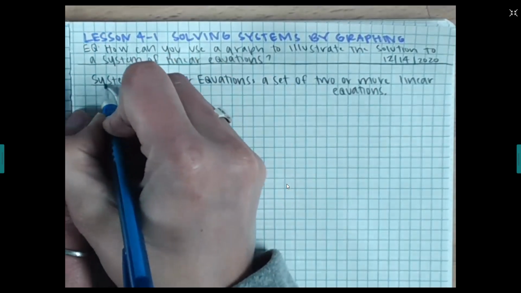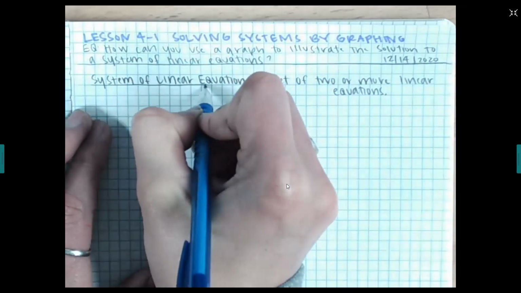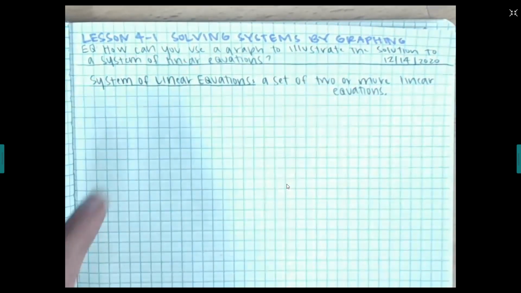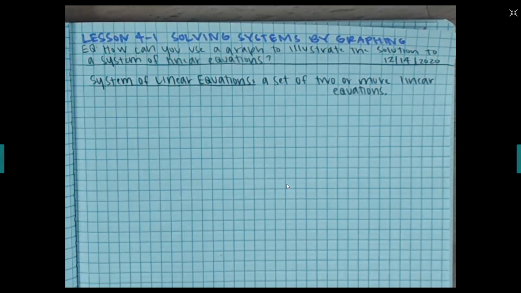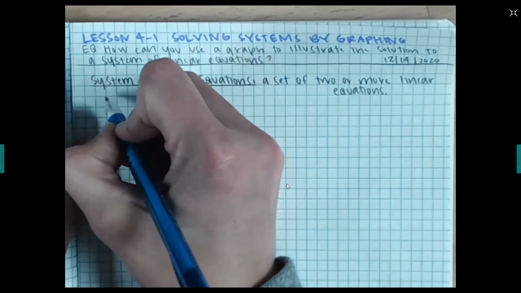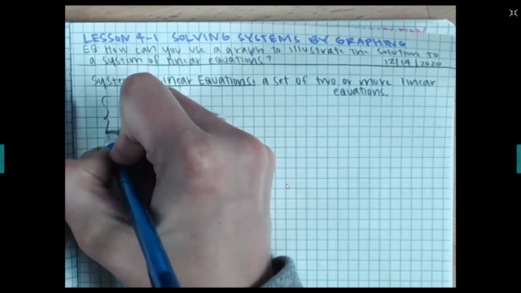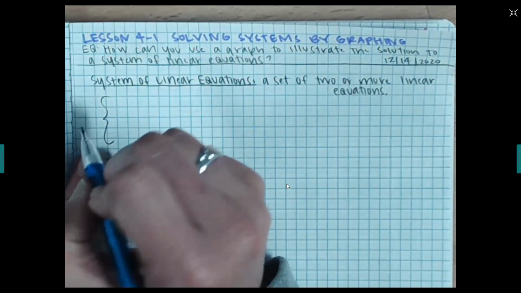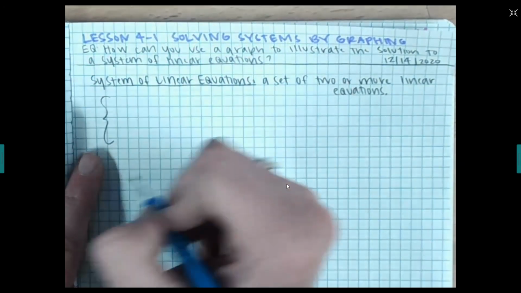We call it a system because we're looking at how those equations interact with each other. In Algebra 1, you're only going to be dealing with systems that have two equations and two unknowns. So mostly what you're going to see are lines in slope-intercept form.